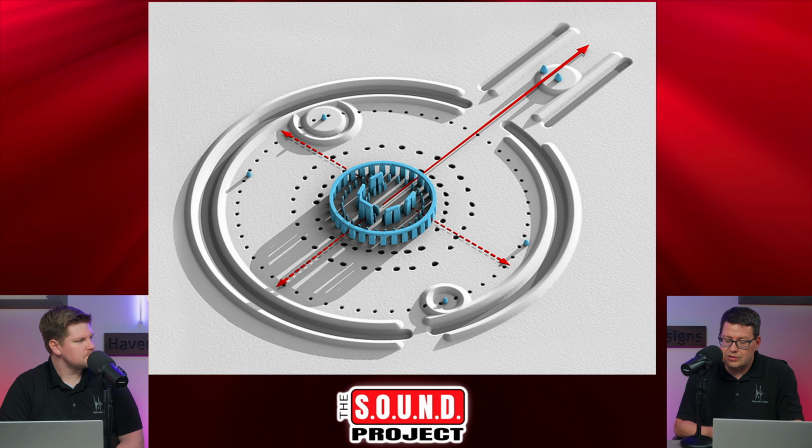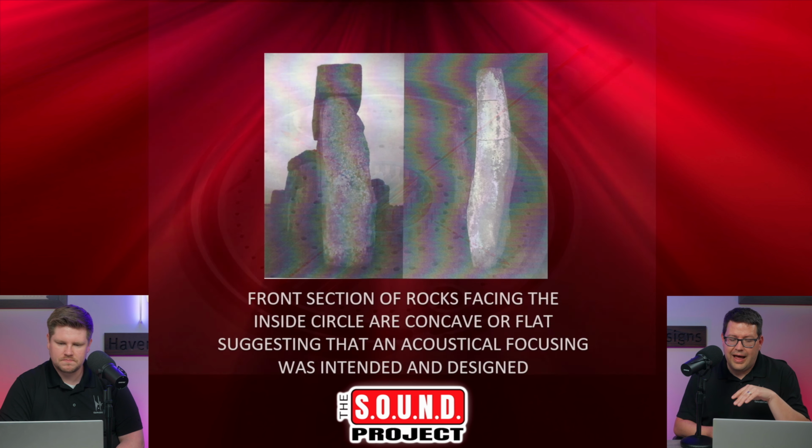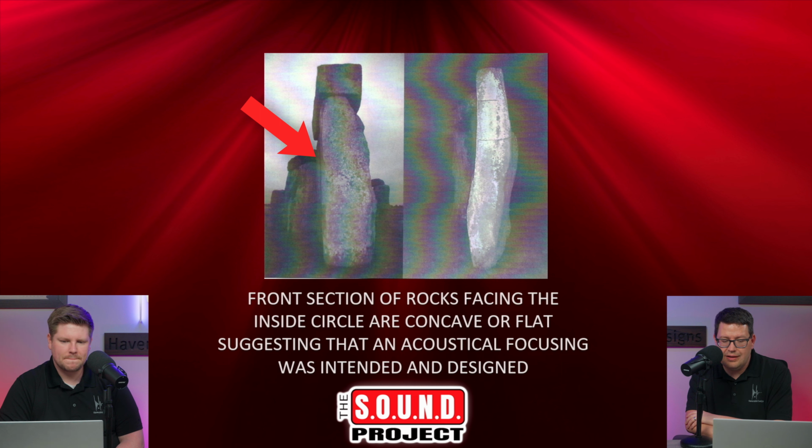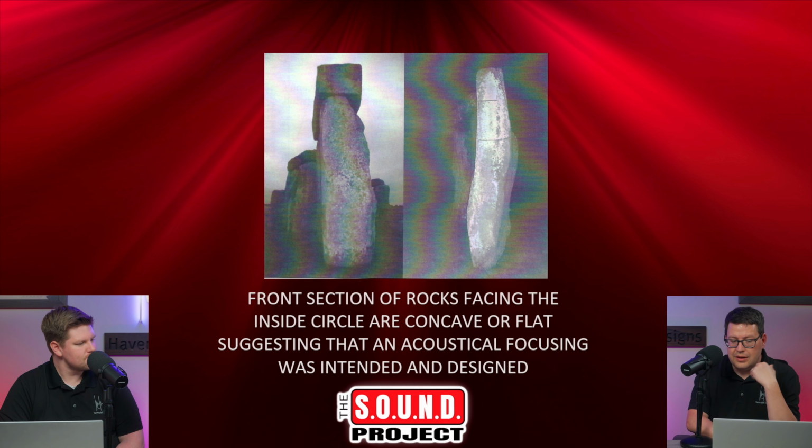The interesting part acoustically is that all of the stones that face the inner part of the circle are either flat or concave. So we're looking at a cross-section view of the stones, and this flat section on the left side of this stone is the part that faces the inside of the circle. Mm-hmm. And the back was always really rough and doesn't look like it's been altered at all.